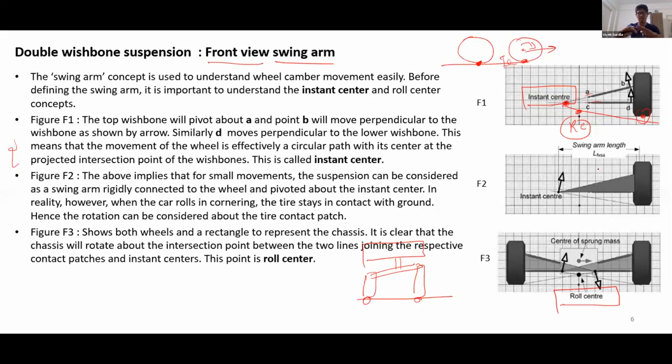Right now we are considering just one suspension, so there is just one roll center. So basically you need to find the instant center, and from the instant center you find the roll center. Once we have the roll center, we can find the camber and the other metrics. This slide just shows you how to find the roll center.